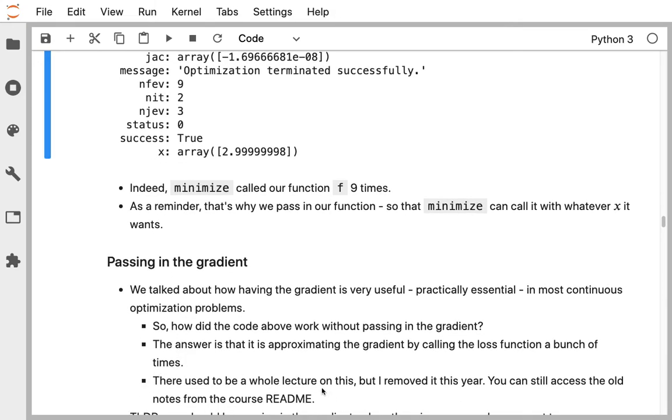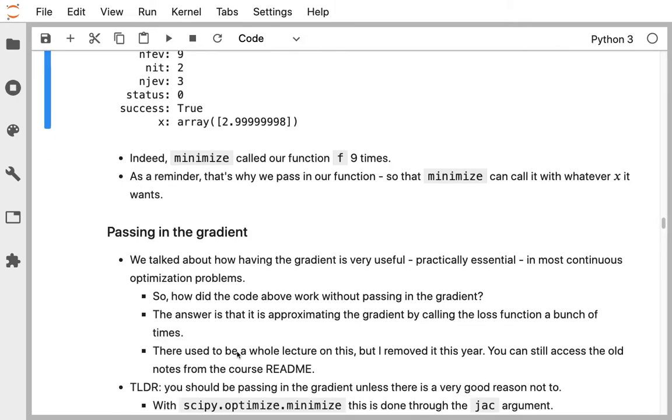Up until this year, I had a whole lecture about that, this idea of approximating a gradient or a derivative numerically. I canceled that lecture this year because I found it caused more confusion than it resolved. But you can still access the notes for that old lecture at the course README if you are interested.